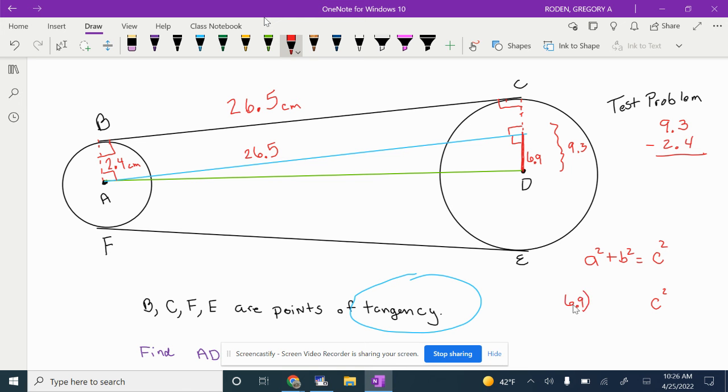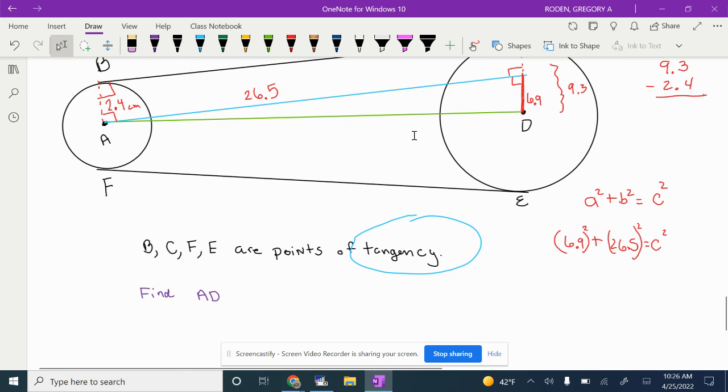6.9 squared plus, what can we say that b is, class? 26.5 squared equals c squared. Now we use our calculators. Since Sam has his calculator ready to go, I'll just pick on him.